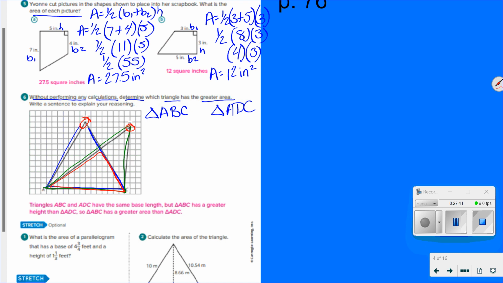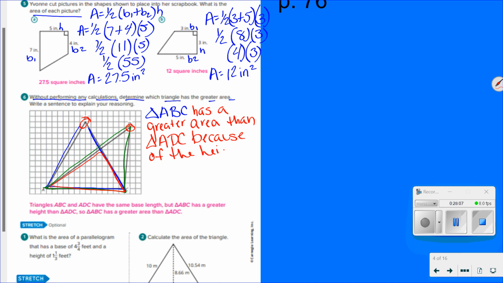So I would say triangle ABC has a greater area than triangle ADC because of the height.